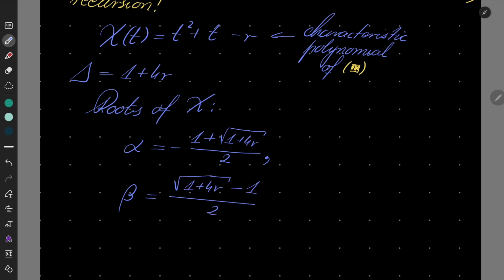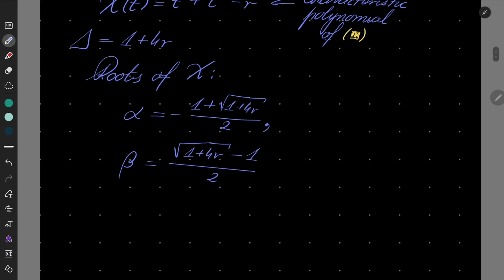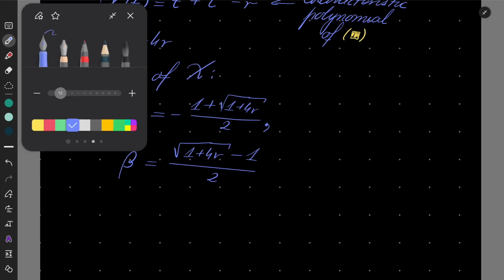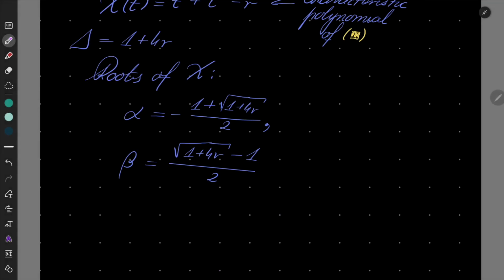Okay. And let's investigate these roots. It should be pretty clear that the first root is a negative number which is less than minus 1. Again, why is that? Well, because r is positive. So we have here 1 plus something greater than 1, so our numerator is greater than 2, over 2, so this entire fraction is greater than 1, and here we have minus in front. So it's justified. While the second root, let's take a look.